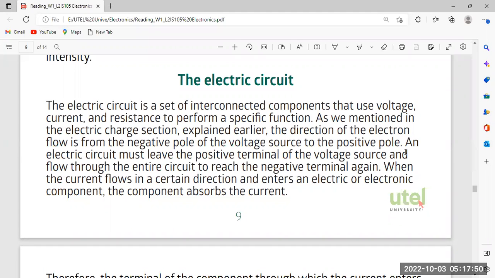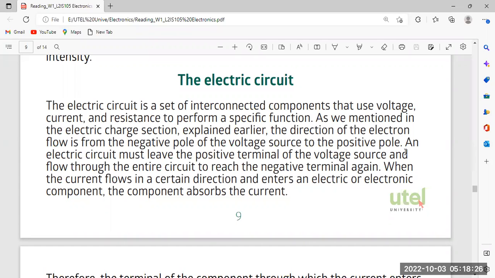First of all, we can define the electric circuit to be a set of interconnected components that use voltage, current, and resistance to perform a specific function. It means that if I have to perform a certain specific function, the three basic components required will be voltage, current, and resistance.